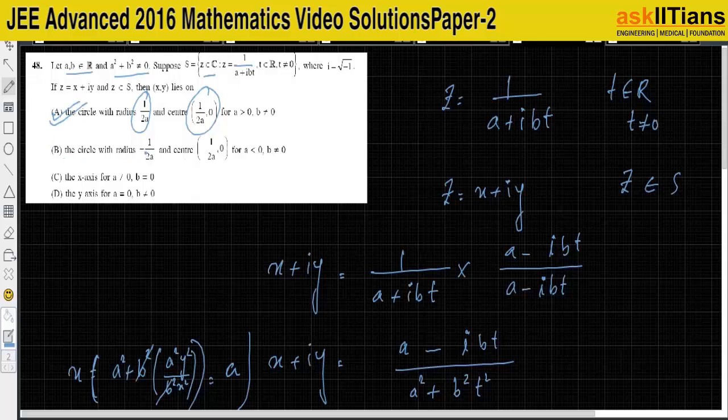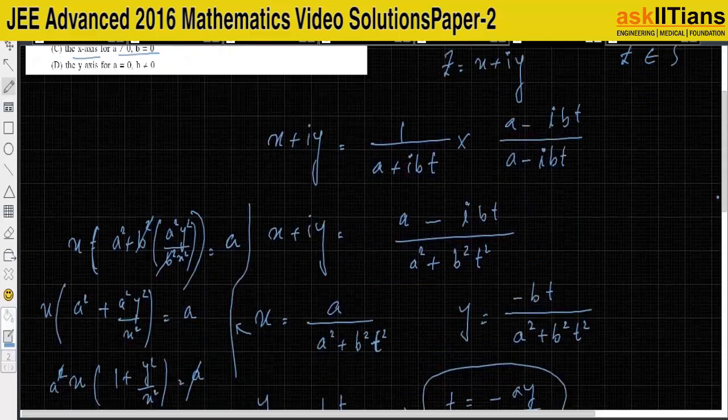Option A is correct. In option B the radius is given as negative, so that's not correct. Then option C: (x, y) lies on the x-axis if a is not equal to 0 and b is equal to 0.